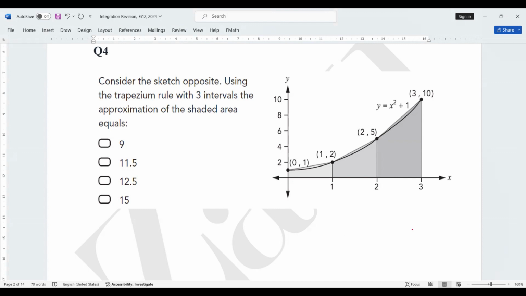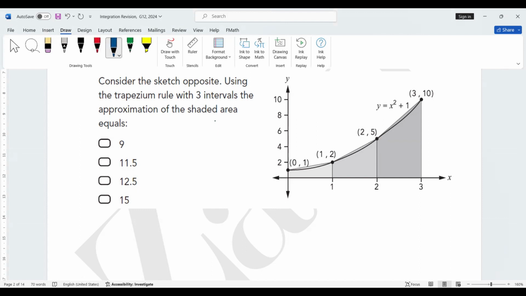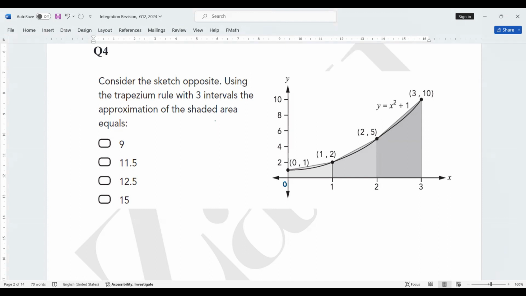Very good. That's correct. Now, here, the values of x: x equals 0 and y equals 1. x equals 1 and y equals 2. x equals 2, y equals 5. x equals 3. Then we can do this in a table here. We can insert a table of 5.